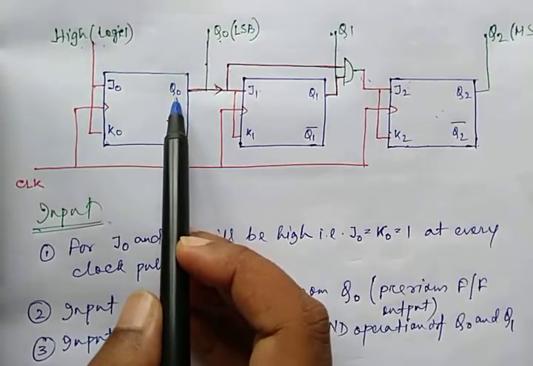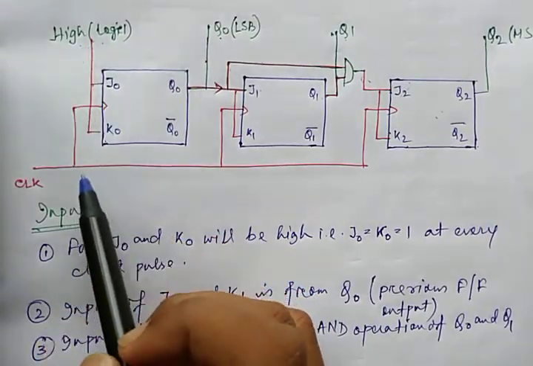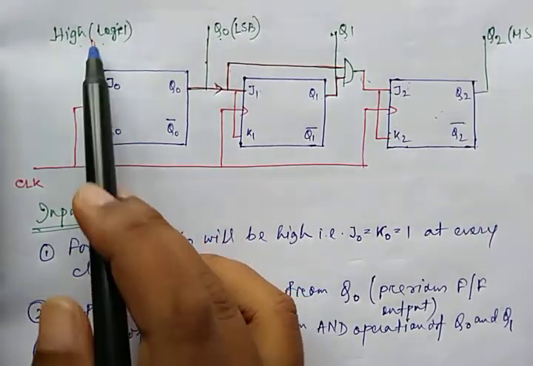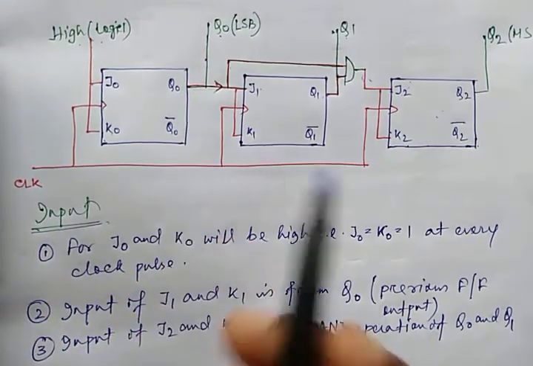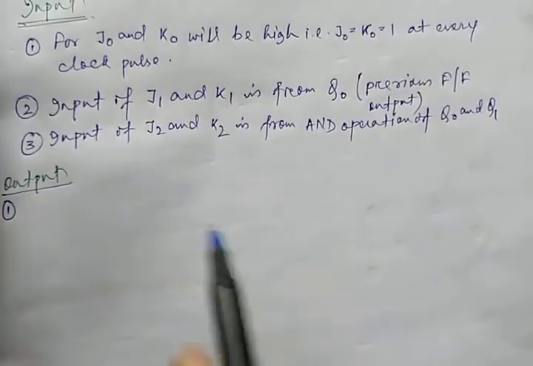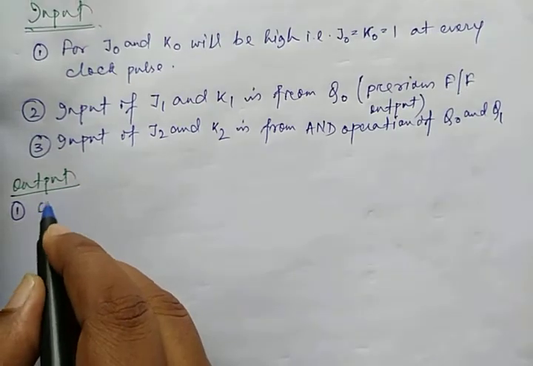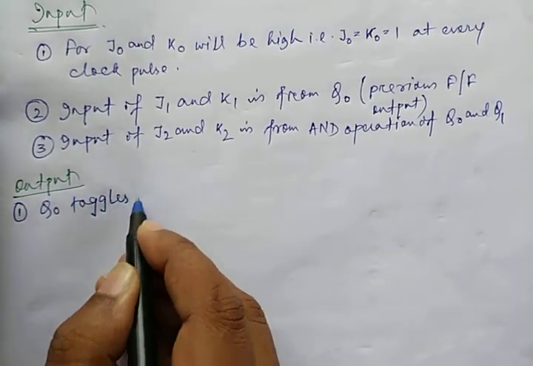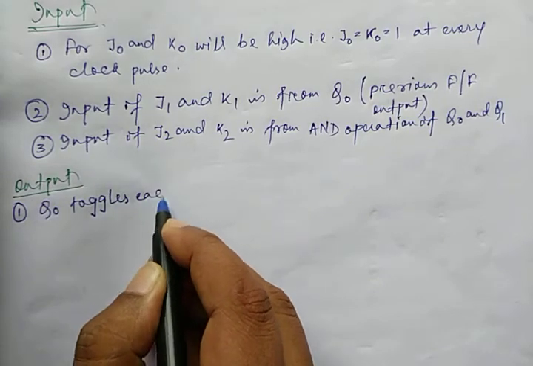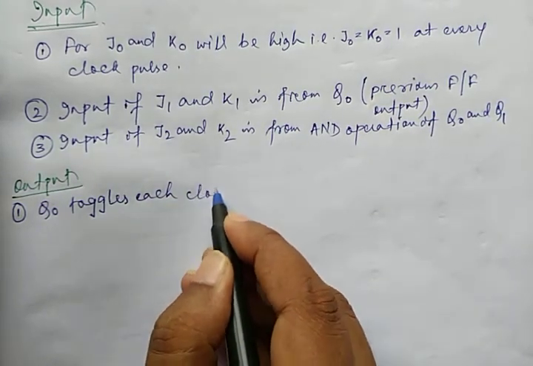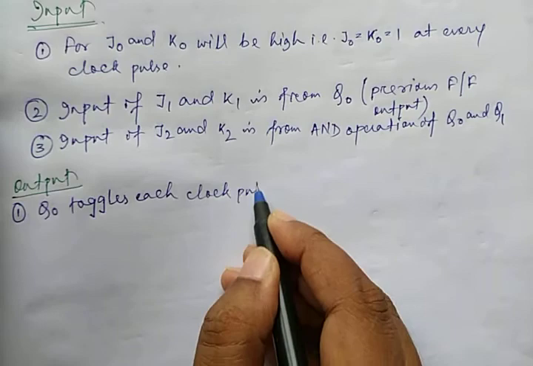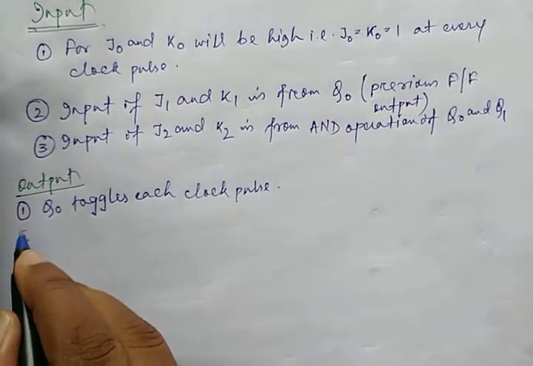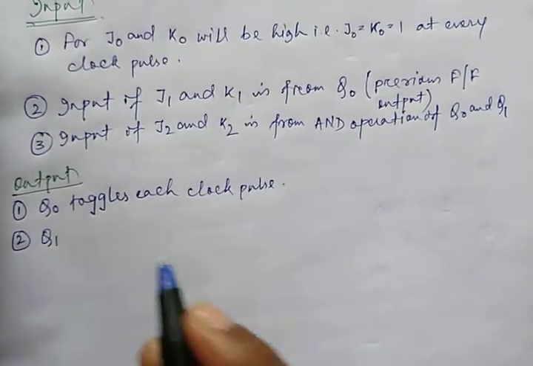Q0 gets activated every clock pulse and gets its value from the outside world, so Q0 toggles every time. So for output, Q0 toggles each clock pulse. First point.